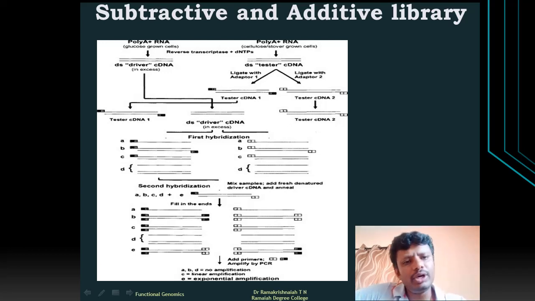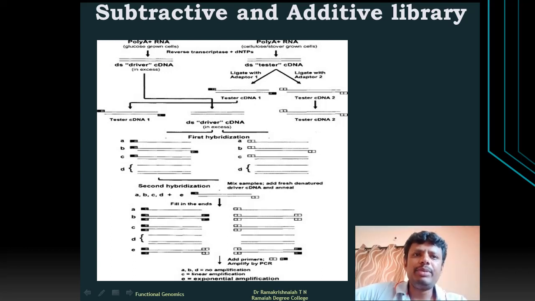In the case of researchers, we use different treatments. Once we use different treatments, we can see how the same mRNA, which ultimately forms a protein, will change its nature for every treatment. Or we will compare normal and diseased with a healthy one, and find out what could be the difference.